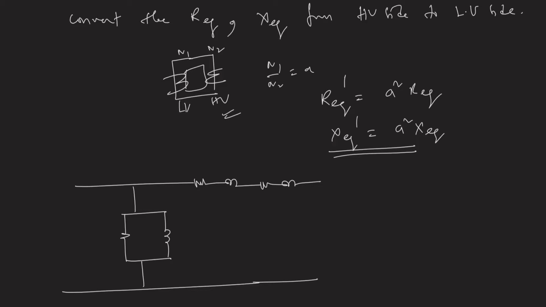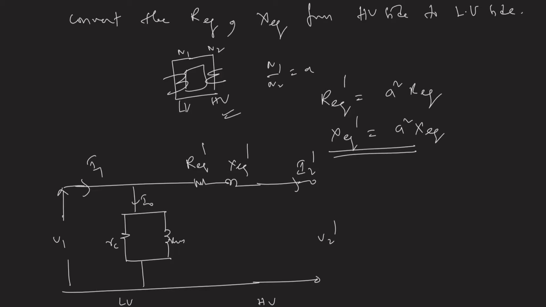Yeah, initially I don't know this, I know only one: R equivalent dash, X equivalent dash. This is RC and XM, this is actually the LV side, and this is HV side. So this is V2 dash, this is V1, and this is I1, I2 dash, and this is I0.